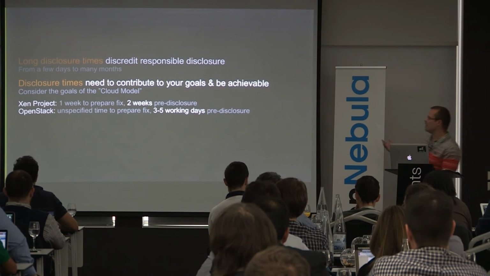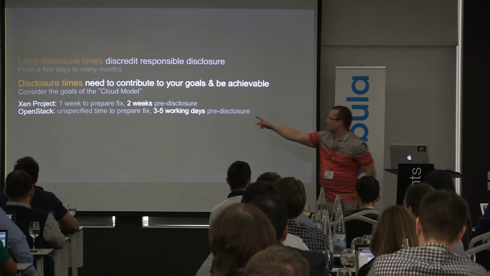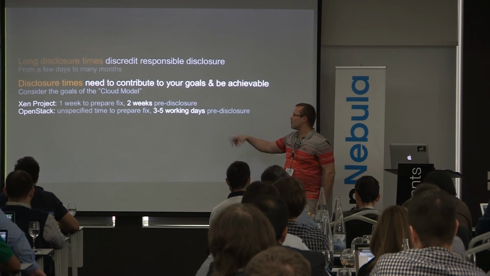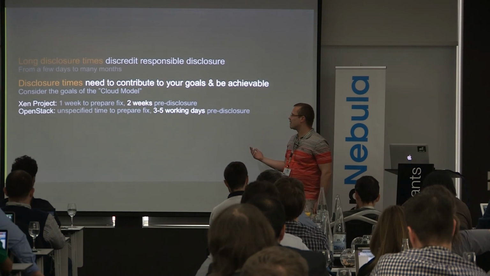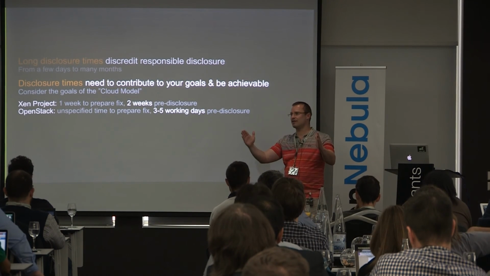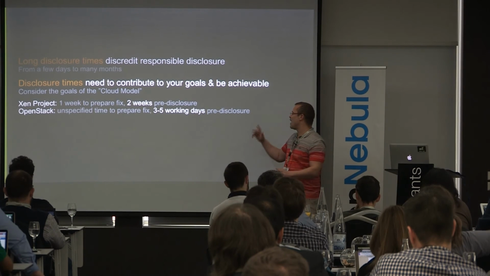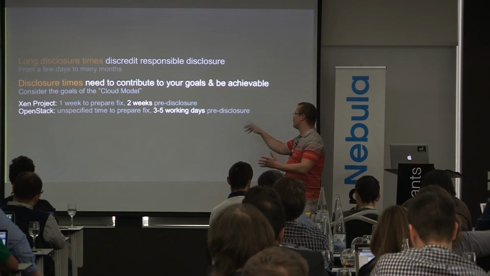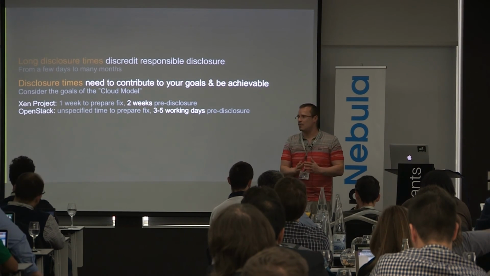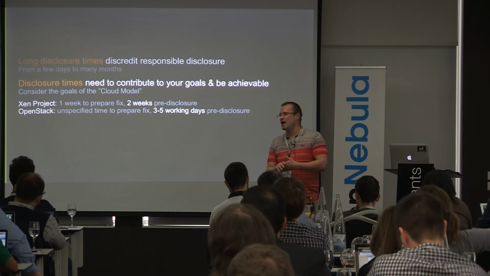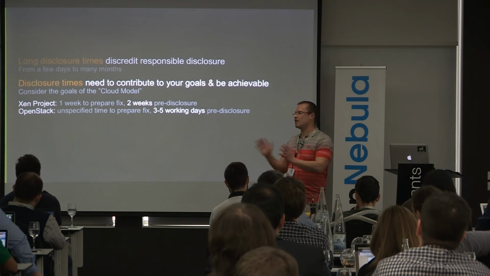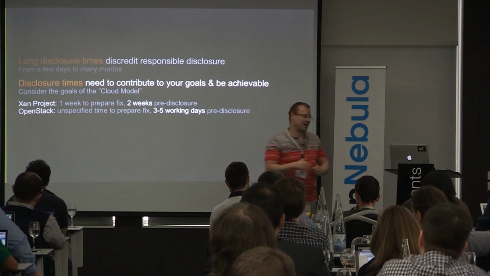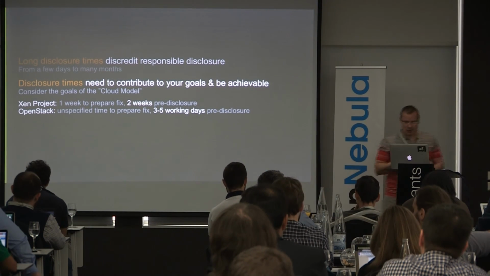So, for example, we do a week to prepare a fix and then 2 weeks for vendors to upgrade. In OpenStack, they don't specify how long it takes them to do a fix, and then you have 3 to 5 working days for vendors to deal with it. So they're basically allowing the vendors to plan an upgrade, but not to deploy it, fundamentally during disclosure time.